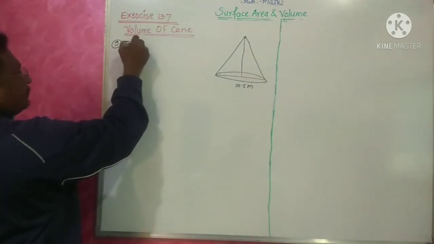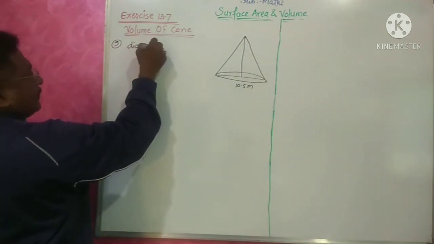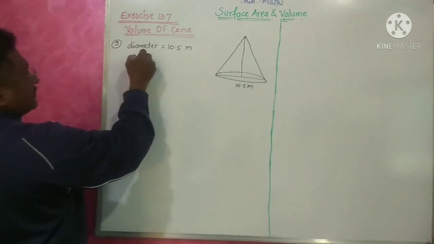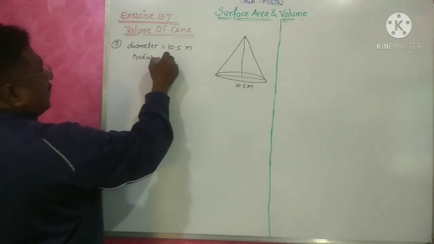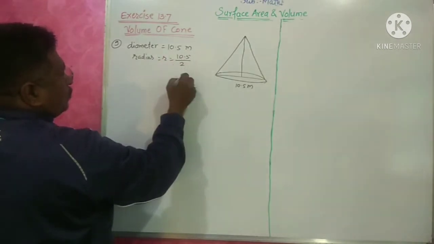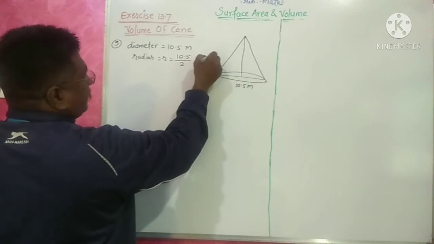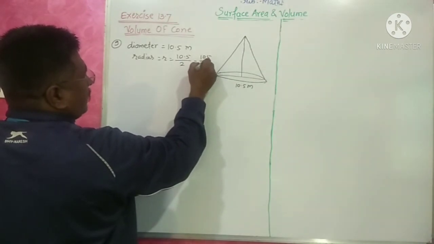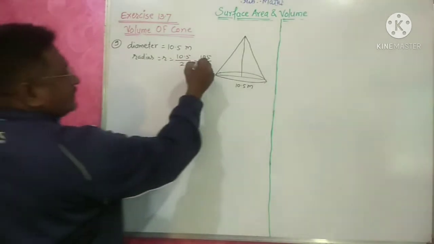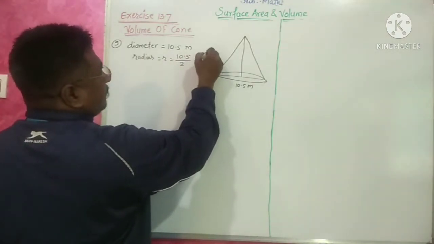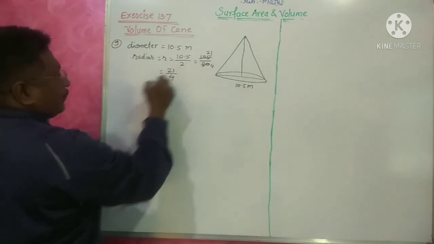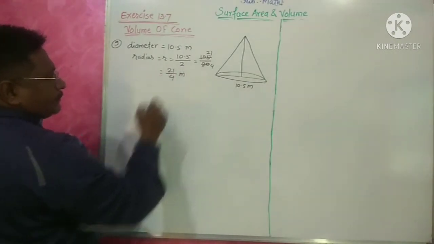So radius R is 10.5 by 2. So what will we get? 105 by 20. 5 4s are 20, 5 2s are 10, 5 1s are 5. So 21 by 4 meter.